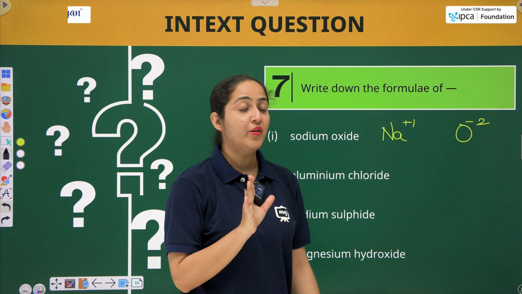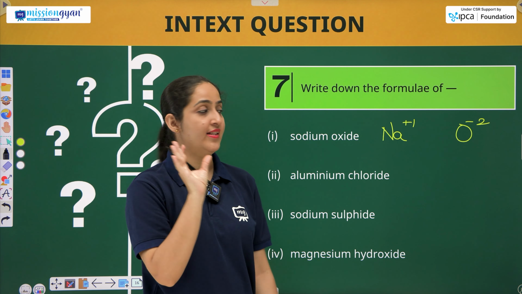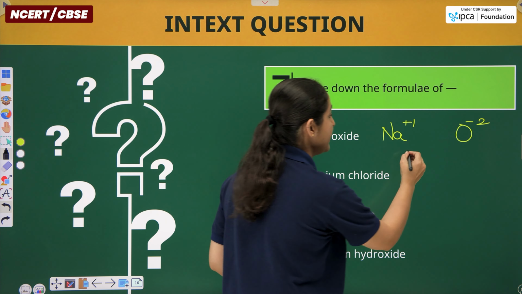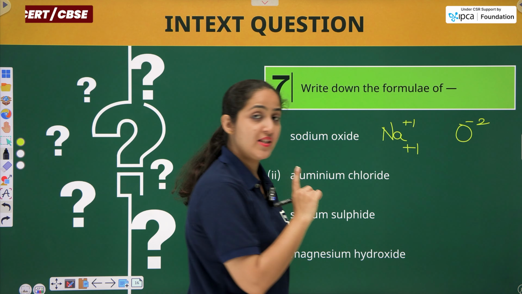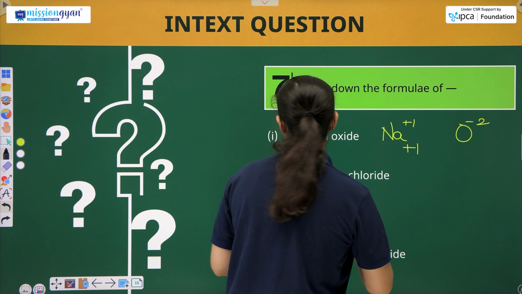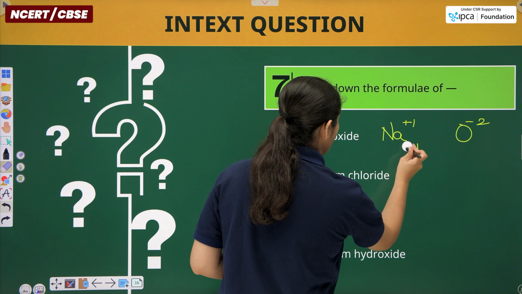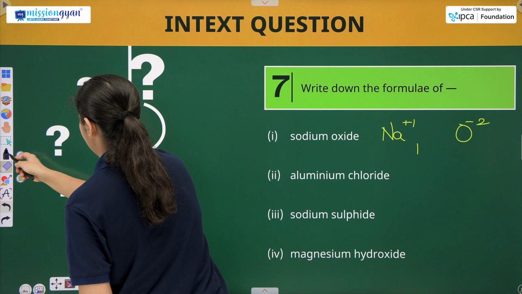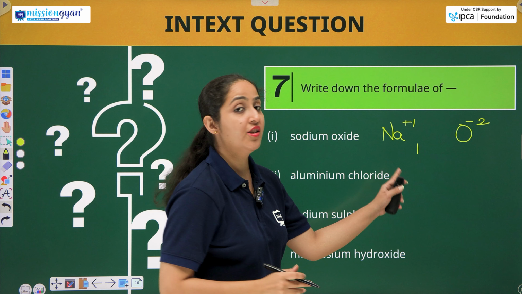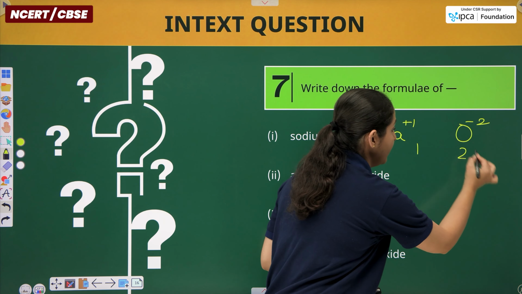So for now what we will do, we will just ignore the signs. हम signs को ignore करेंगे, सिर्फ हम numbers लेंगे. So this is +1. And we will just ignore the charges and this is 2.